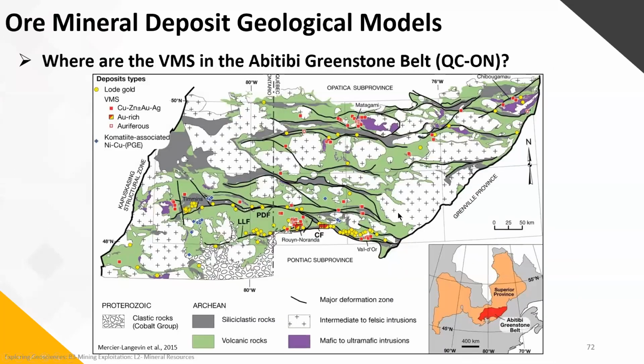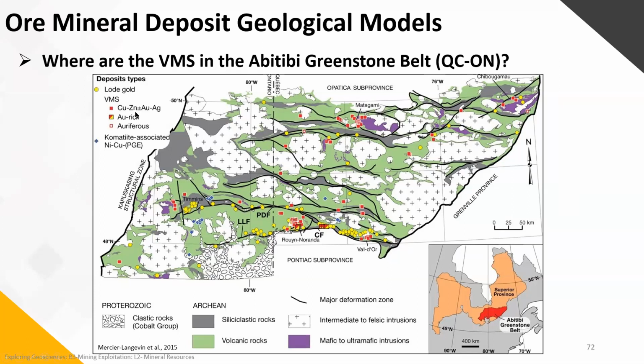Where are the VMS within the Abitibi Greenstone Belt? Well, they are shown here in our red squares, and we have the hybrid half red, half yellow, and we have the lode gold. So basically within the Rouyn-Noranda area are our richer gold VMS.